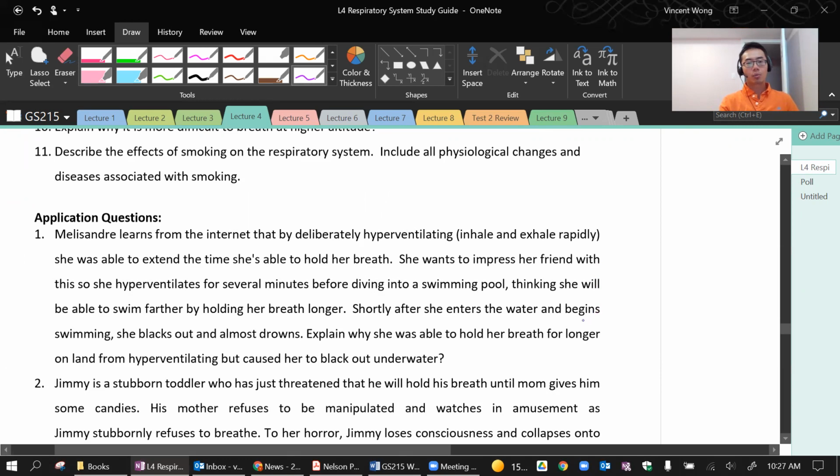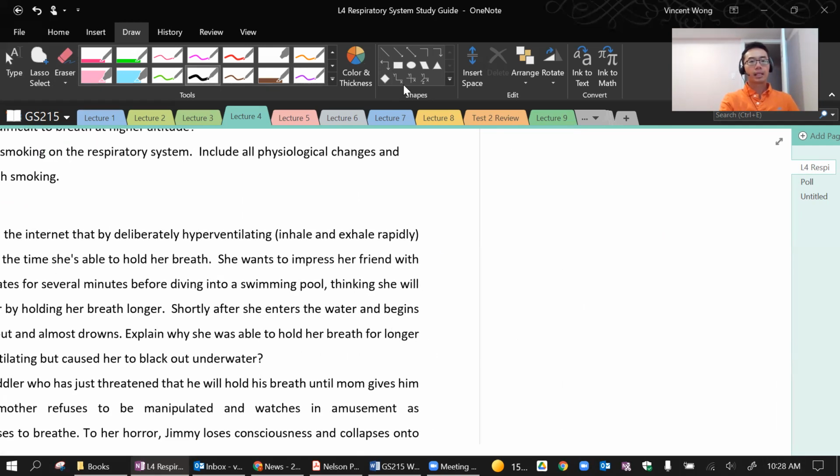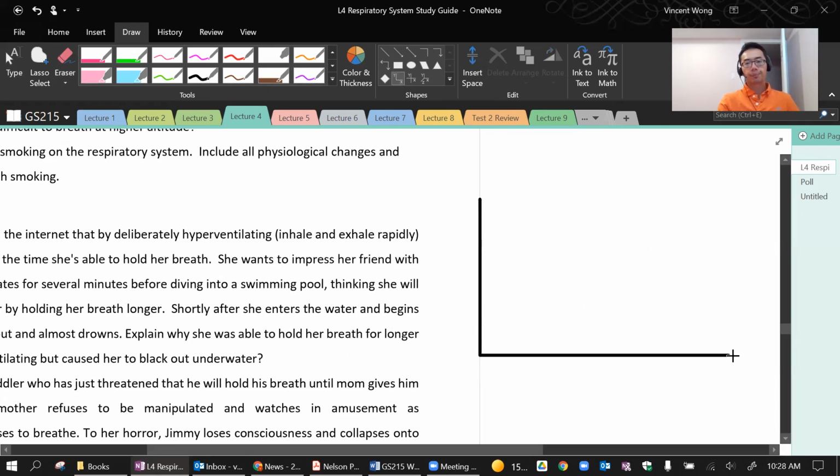Shortly after she enters the water and begins swimming, she blacks out and almost drowns. Explain why she was able to hold her breath for longer on land from hyperventilating, but it causes her to black out underwater. I believe I briefly explained this concept in the lecture already, but here we go again.